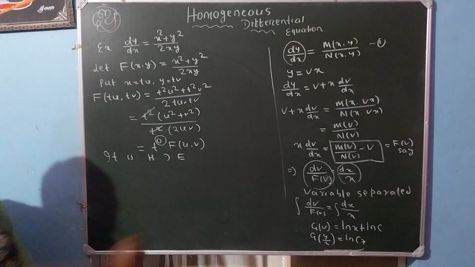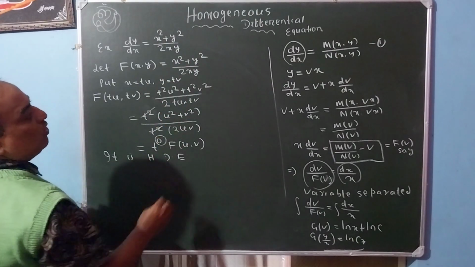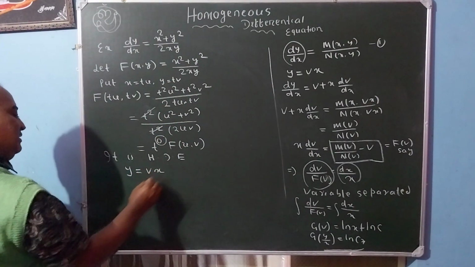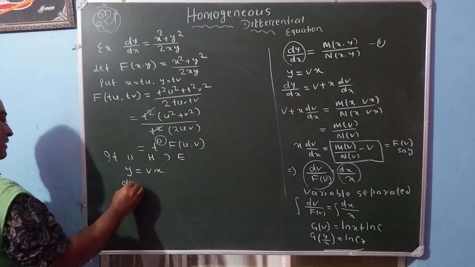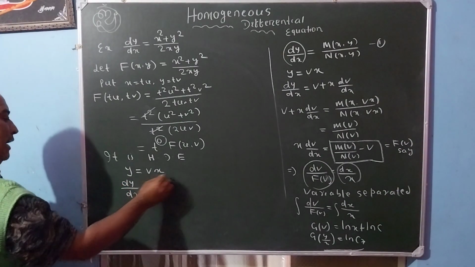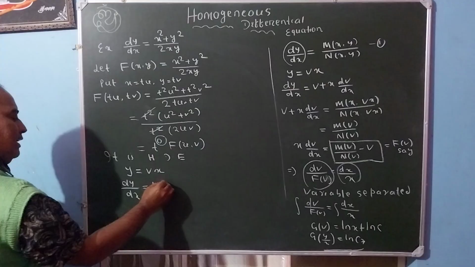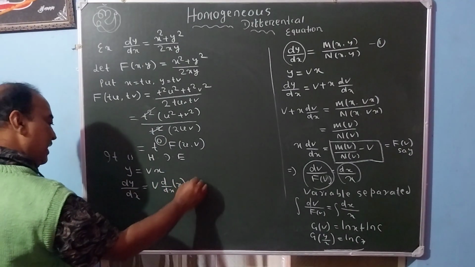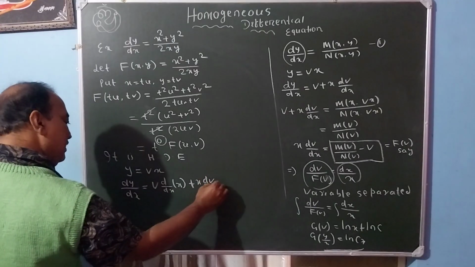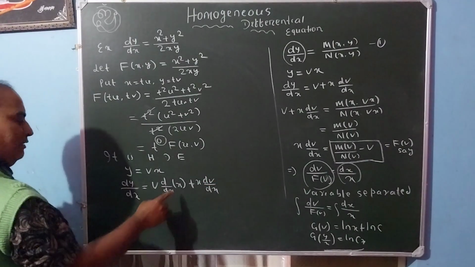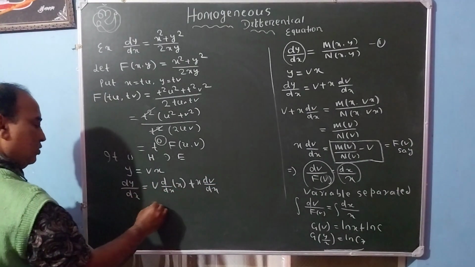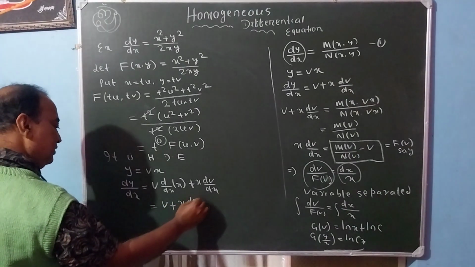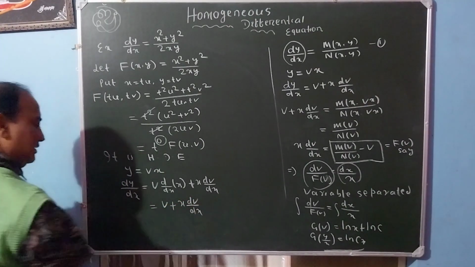Second step, always put y is equal to vx. Write down, y is equal to vx. So dy/dx, applying the product rule, v d/dx of x plus x dv/dx. Derivative of x is 1. So here it is v plus x dv/dx.